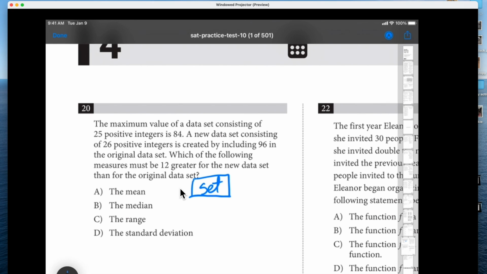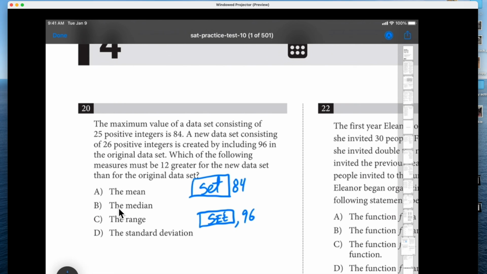And they tell you that the maximum, let's see, the maximum value is 84. Then they have another set which includes the original set plus the number 96. Okay, so we know that the maximum is no longer 84. We know that the maximum is 96.